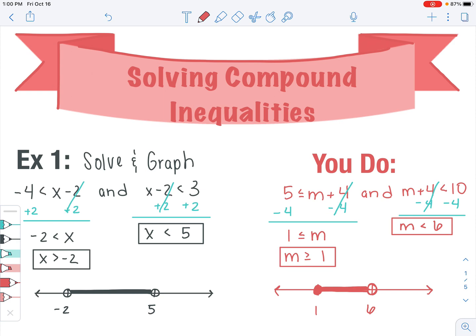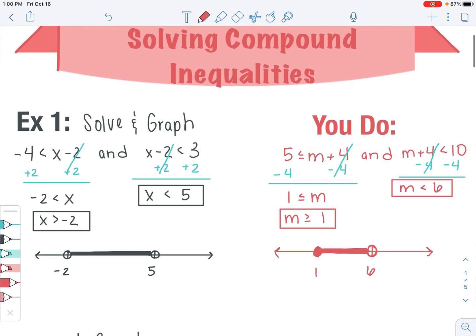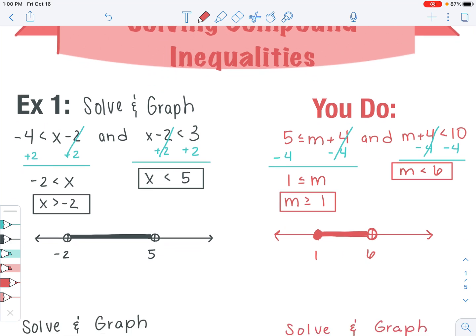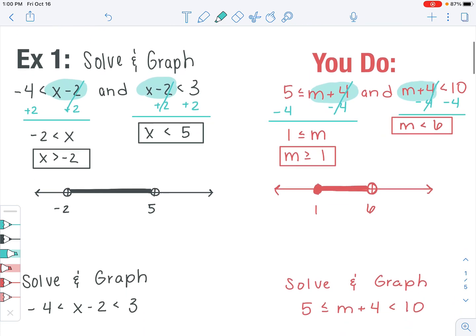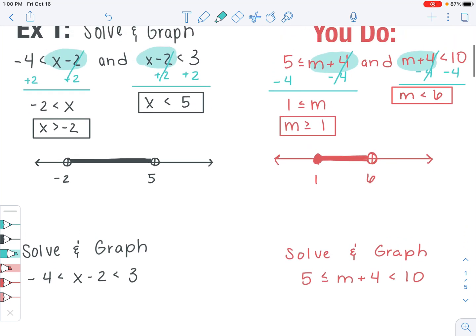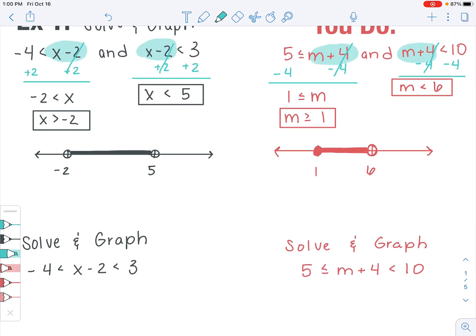Now you know that us mathematicians don't like to write things more than once, and I noticed right off the bat when I was doing these problems that I had an x minus 2 in both of them, and I had an m plus 4 in both of them. So instead of having to write those twice with the and in between, we can rewrite our inequalities.